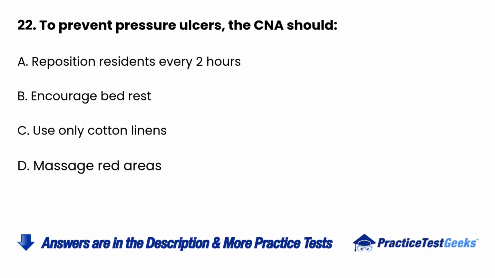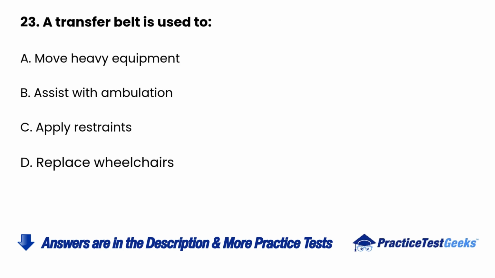22. To prevent pressure ulcers, the CNA should A. Reposition residents every 2 hours. B. Encourage bed rest. C. Use only cotton linens. D. Massage red areas. 23. A transfer belt is used to A. Move heavy equipment. B. Assist with ambulation.